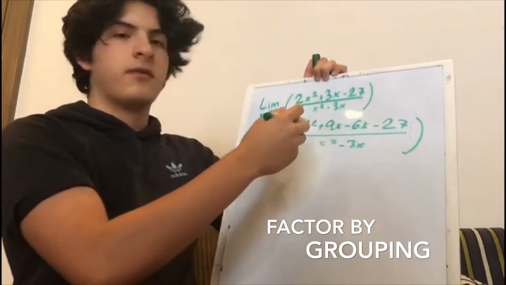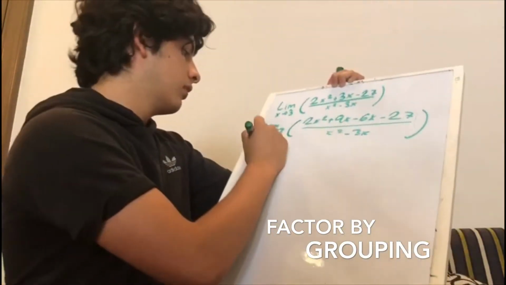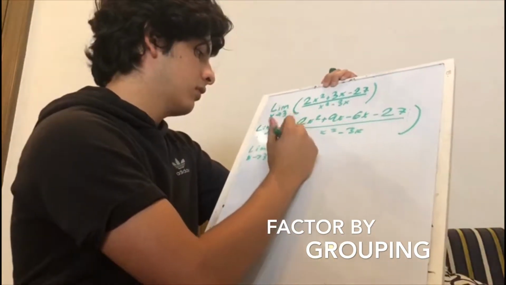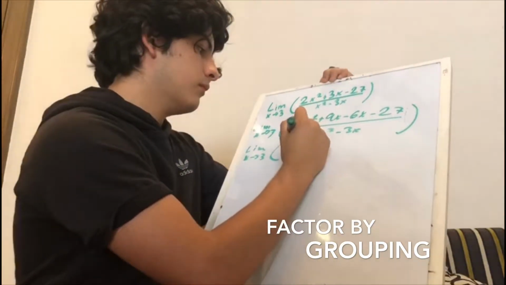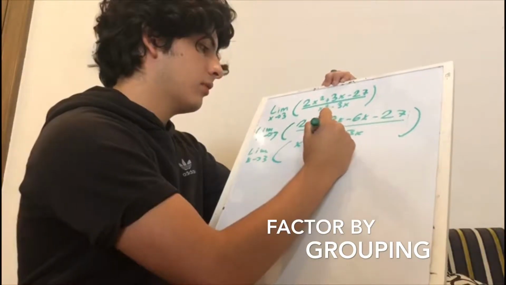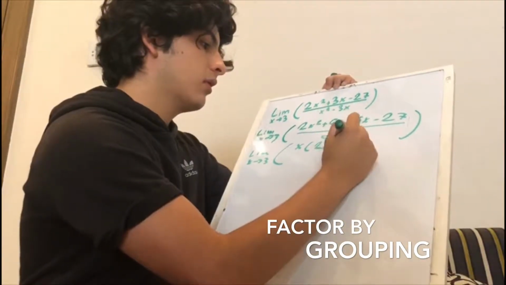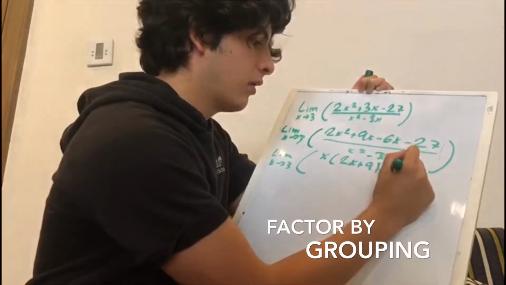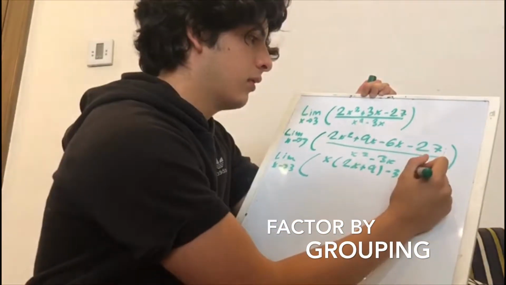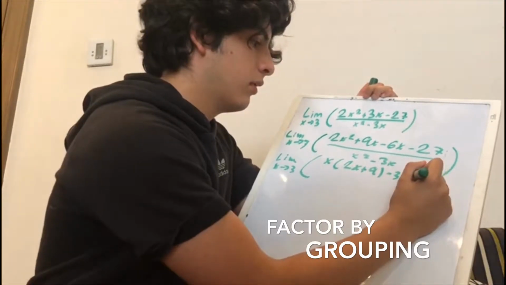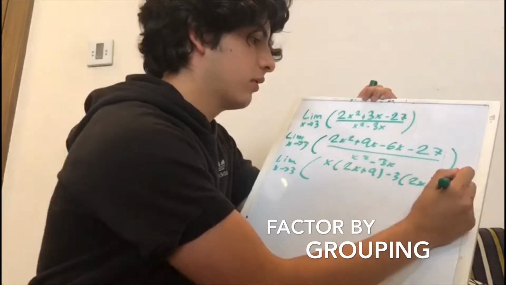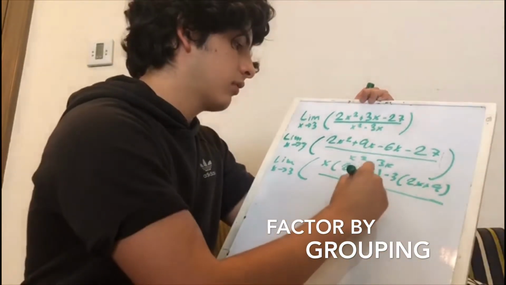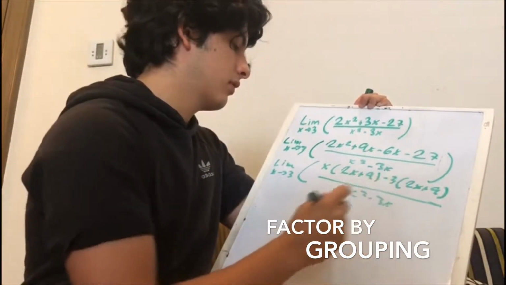We're going to then factor this further to x times 2x plus 9, minus 3 times 2x plus 9, over x squared minus 3x.